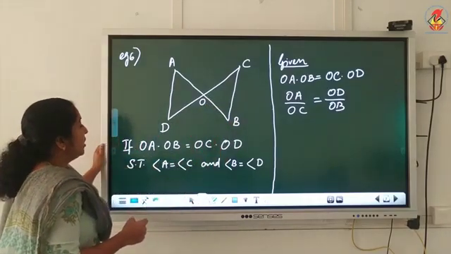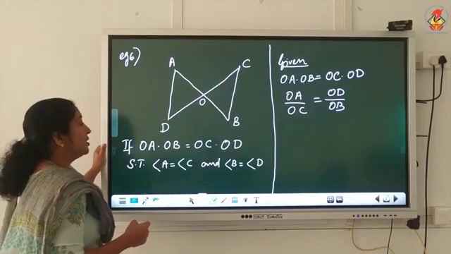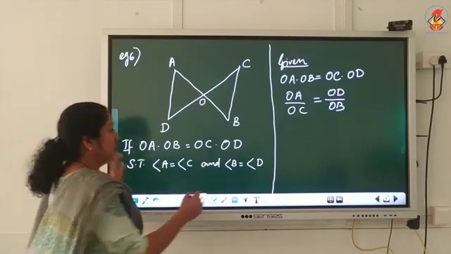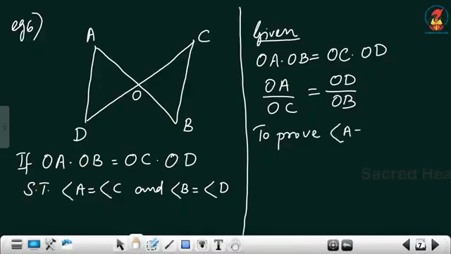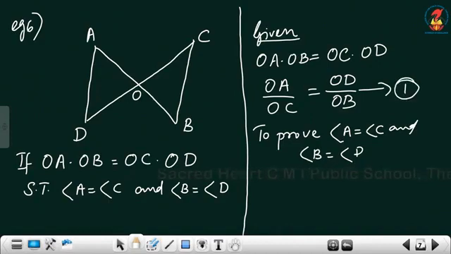And we have to prove that angle A is equal to angle C and angle B is equal to angle D. This is the first equation. Then these two angles are equal using vertically opposite angles.